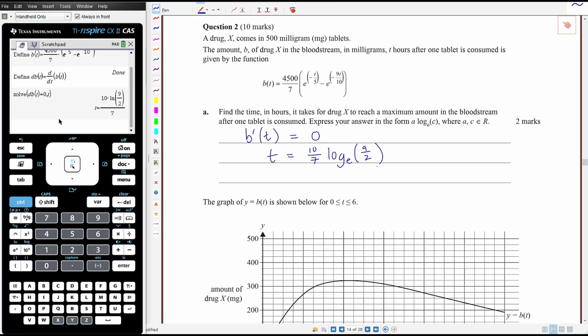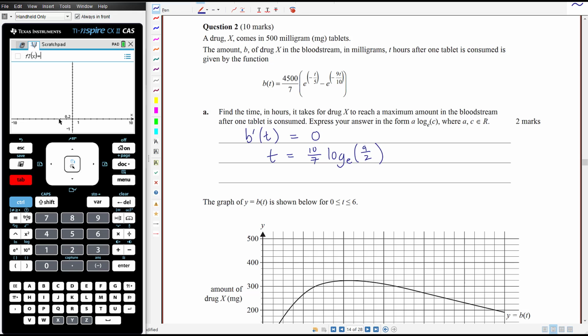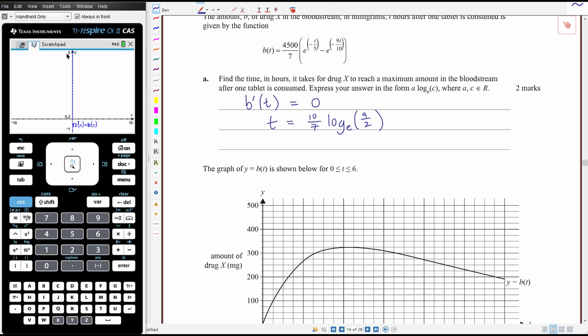There's no need to confirm that that's a maximum. With CAS available to you, you can obviously have a look at your graph and see, obviously not a good scale. Having a look at here, we've also got the graph drawn here. If I make that 500 instead of 5, yeah, we can see that we have one stationary point and it's a maximum stationary point.